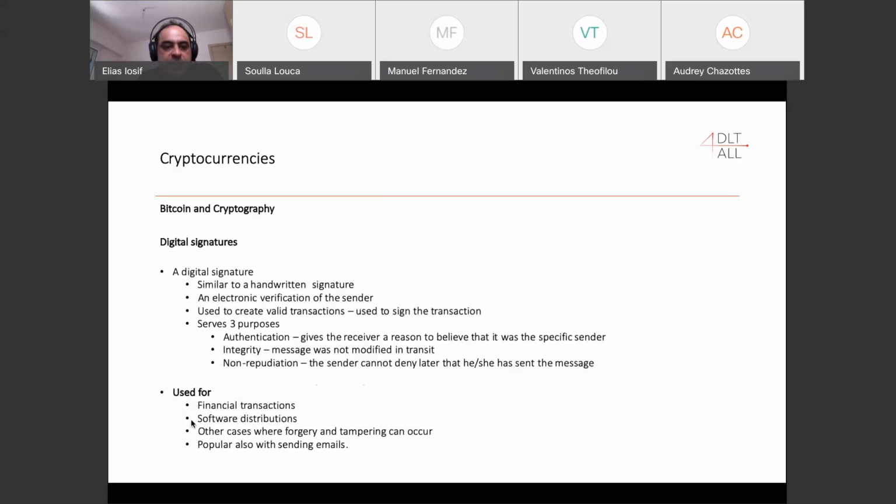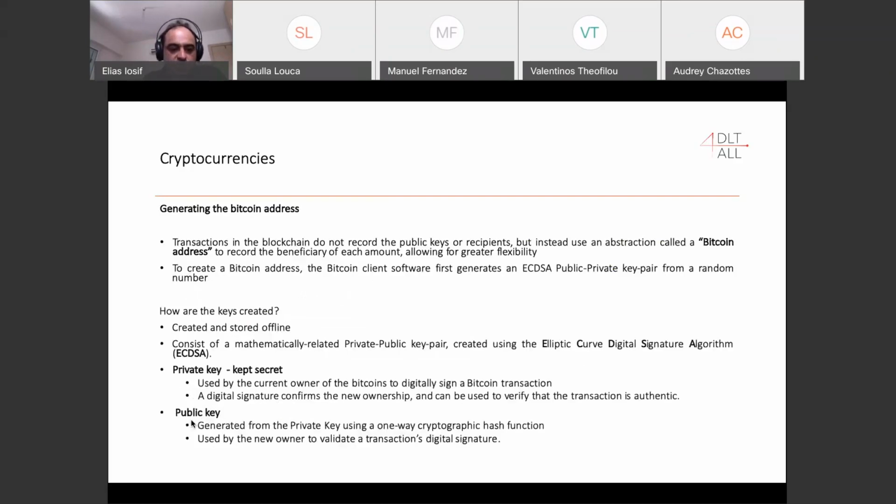I think we have already seen the relation between Bitcoin and cryptography. So the key topic of this part of the presentation is that cryptography is the underlying mechanism for securing your Bitcoin address.